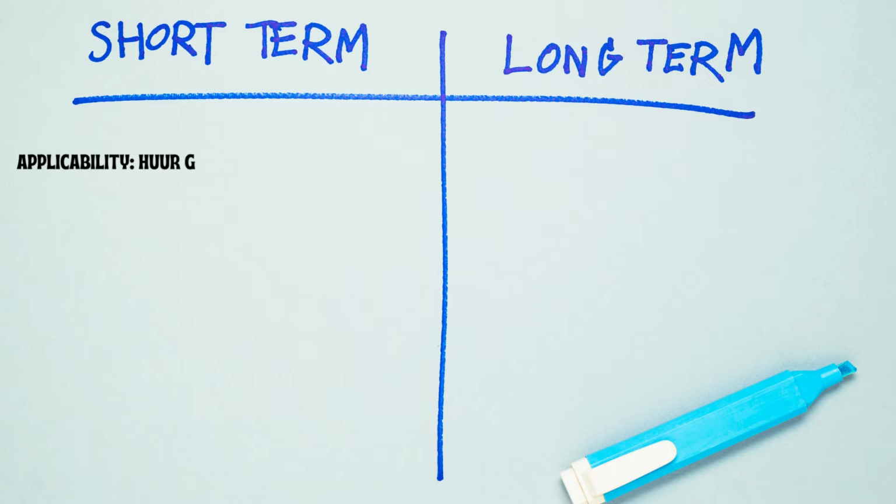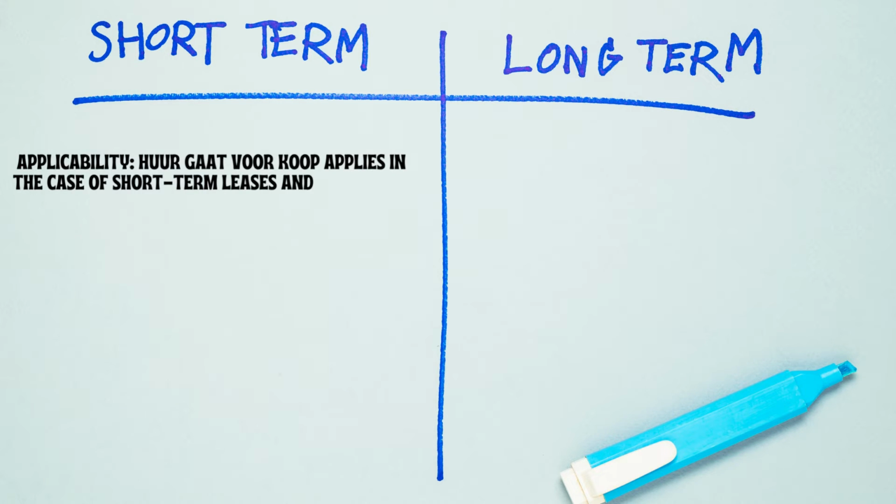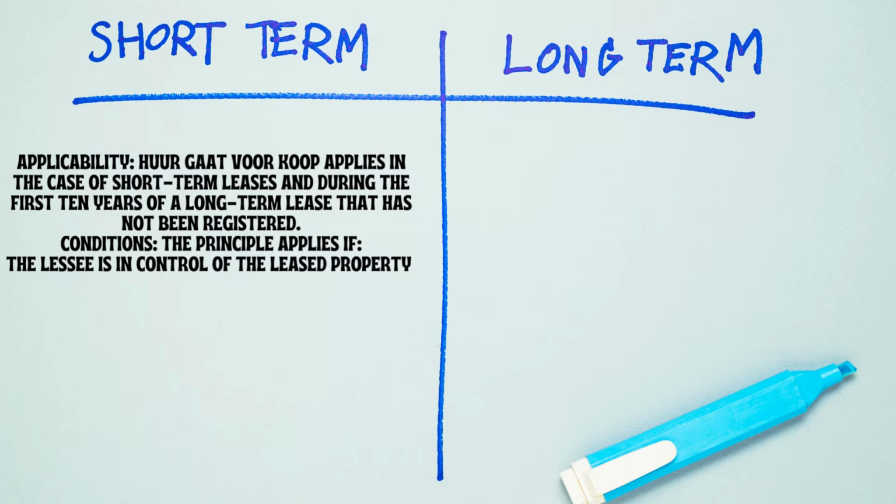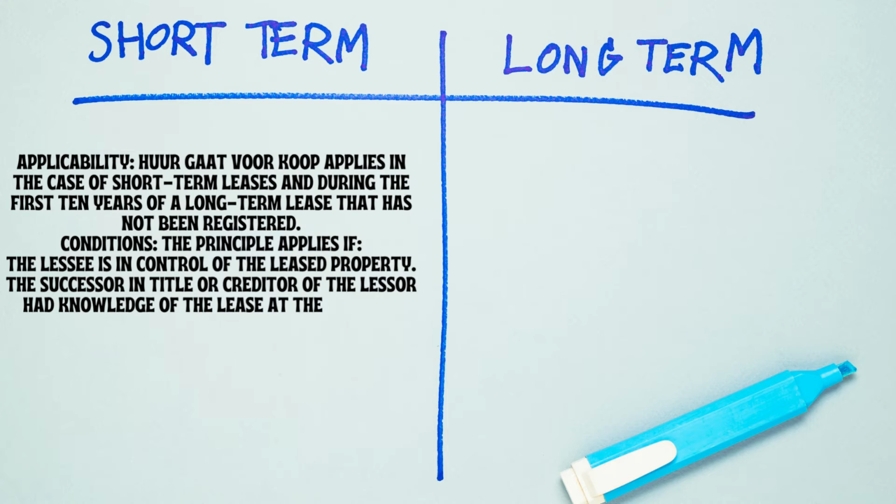1. For short-term leases and the first 10 years of long-term leases, not registered. Applicability: Huur Gaat Voor Koop applies in the case of short-term leases and during the first 10 years of a long-term lease that has not been registered. Conditions: The principle applies if 1. The lessee is in control of the leased property. 2.